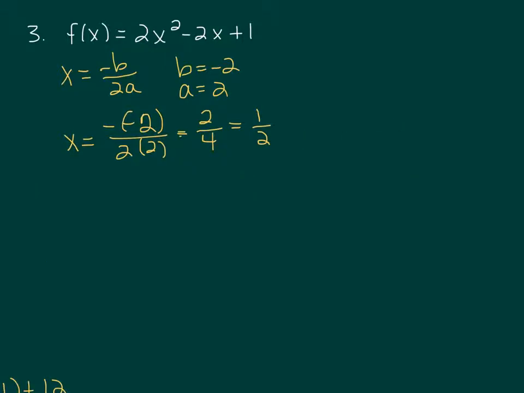Now our vertex is not nice, so twin points can be difficult if this happens, but because it's a half, it won't be. To find twin points, 1/2, 1 and 2 are the same distance from 1/2, so we'll be fine. We get to do a whole number input. So we can do also 0 and 3, because 0 is 1/2 from 1/2, and 3 is also 1/2 from 1/2.